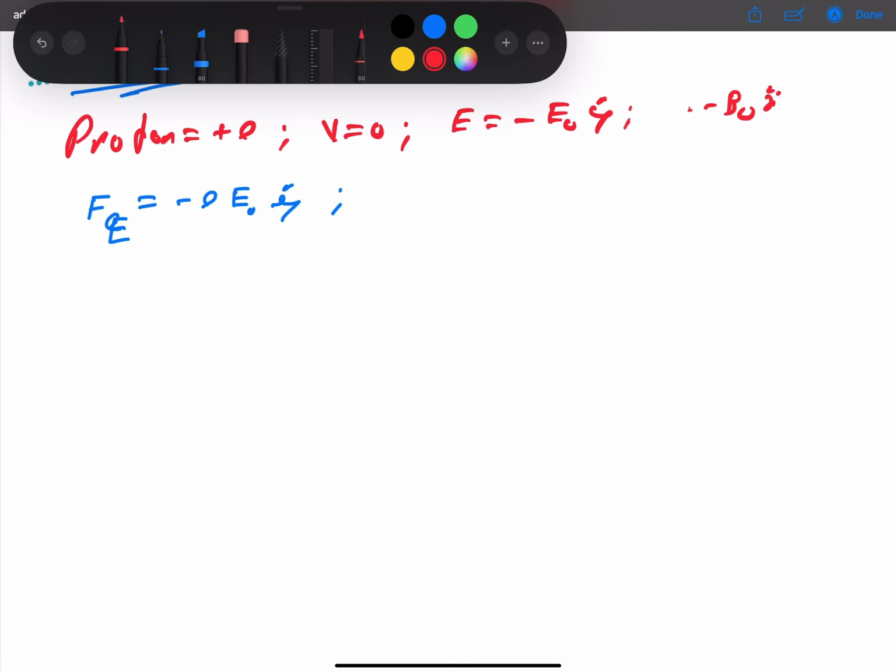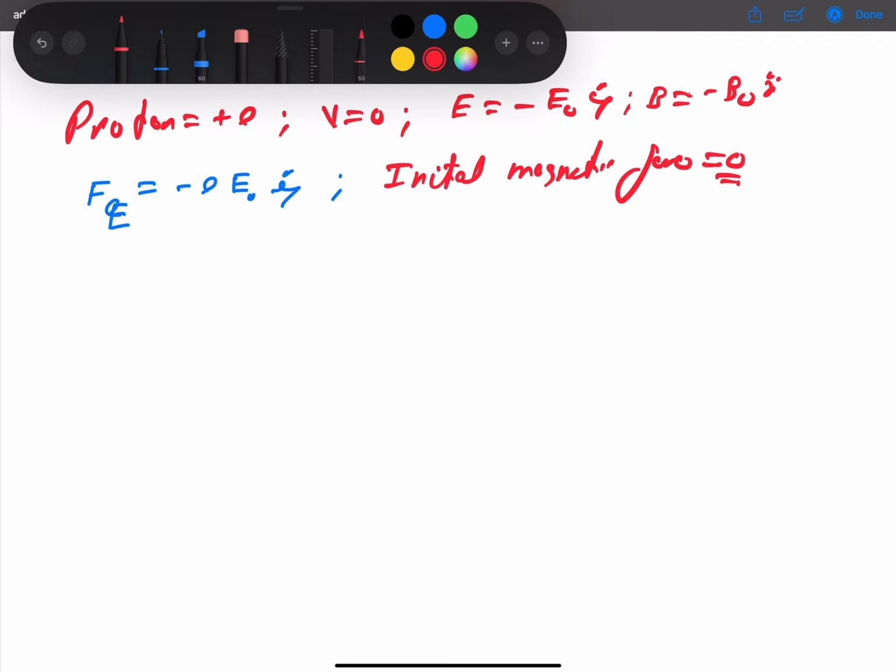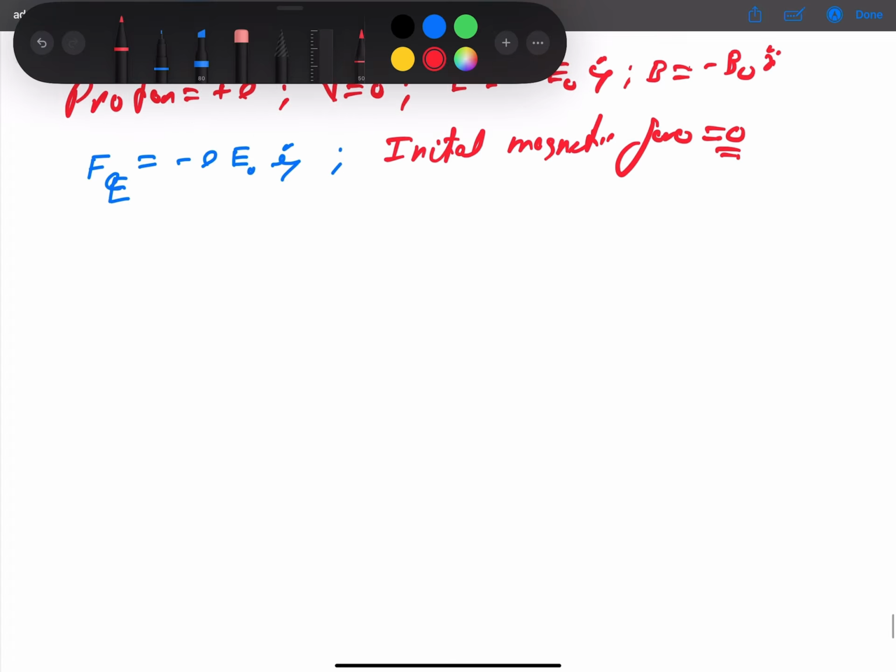You can say initially magnetic force is equal to 0. But as the particle starts, at the start the only force will be acting along minus y direction.